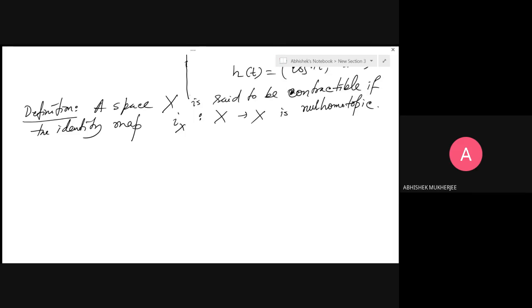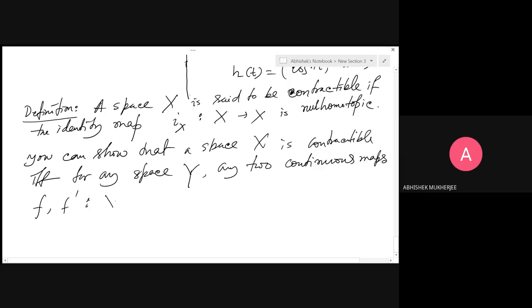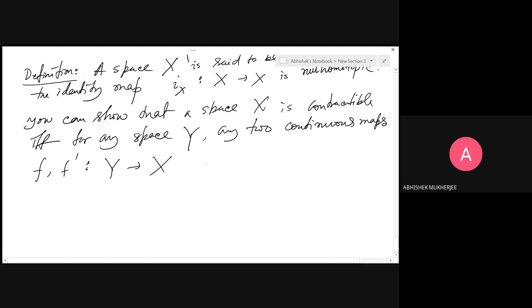And you can show that a space X is contractible if and only if for any space Y, any two continuous maps f and f dashed from Y to X are homotopic.